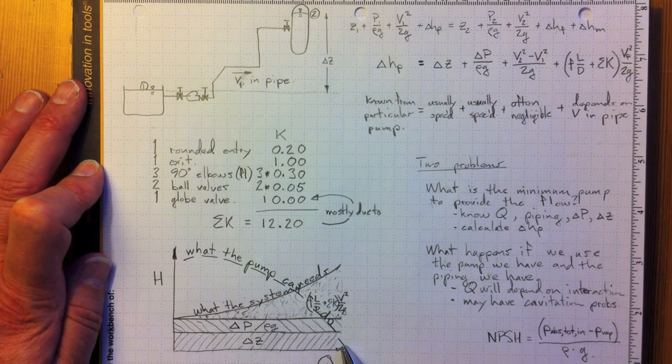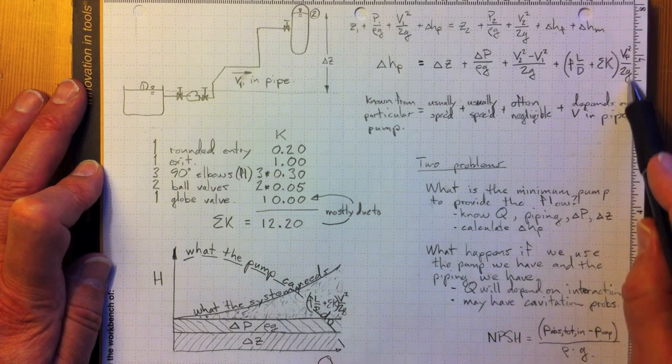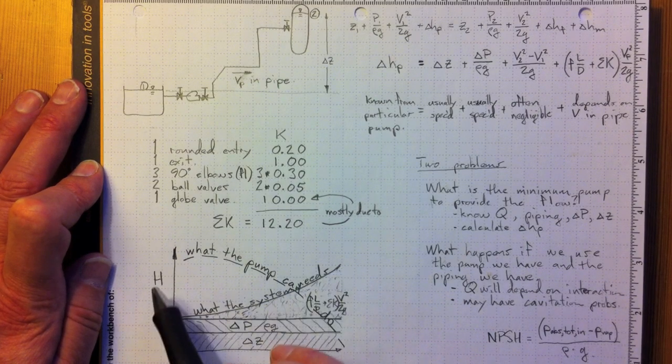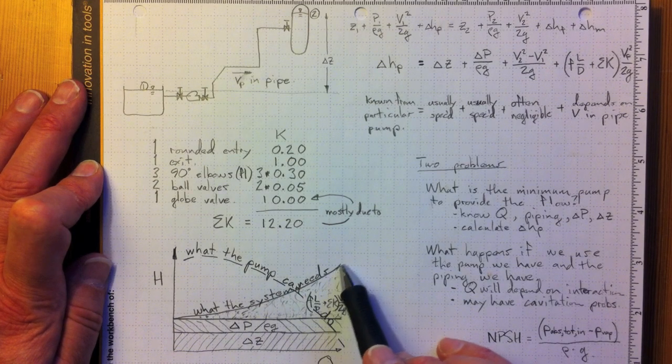As the flow rate increases, the velocity increases proportional to the flow rate, and V squared over 2g goes up parabolically. So this curve here is what the system needs in terms of how much head has to be delivered by the pump to get that much flow to go through it.